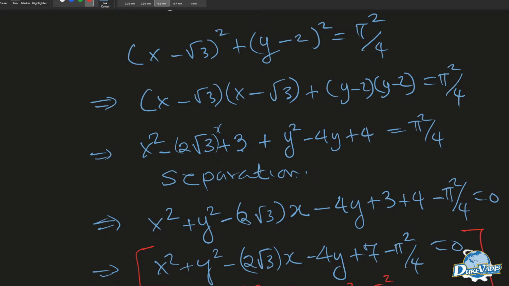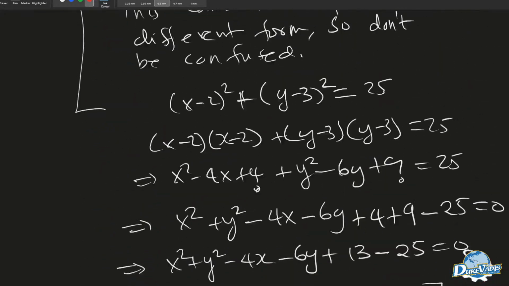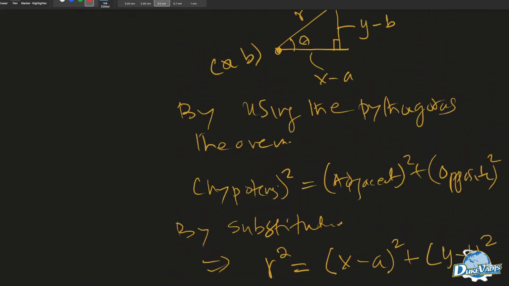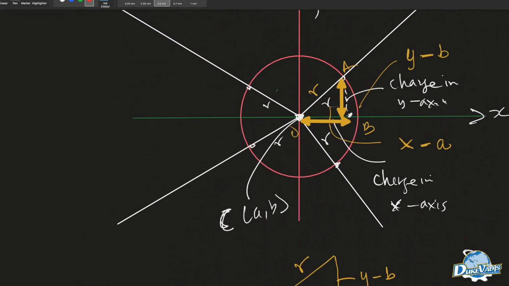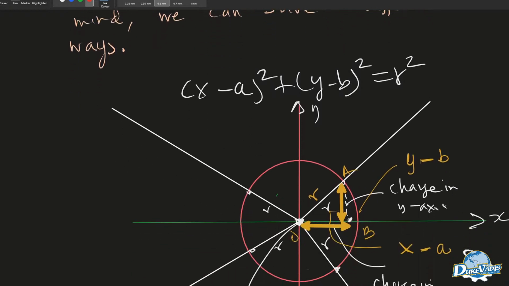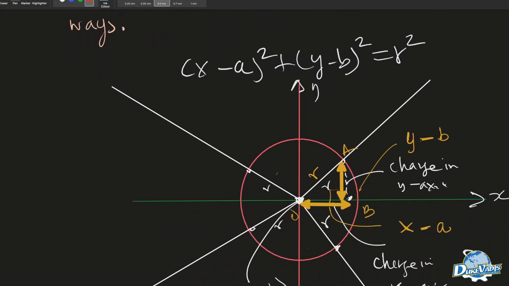In saying that, we have seen that the whole equation of a circle was derived from our almighty Pythagoras theorem. As you can see from the diagram, you don't need to memorize this, but you need to understand the basic concept that makes life easier.